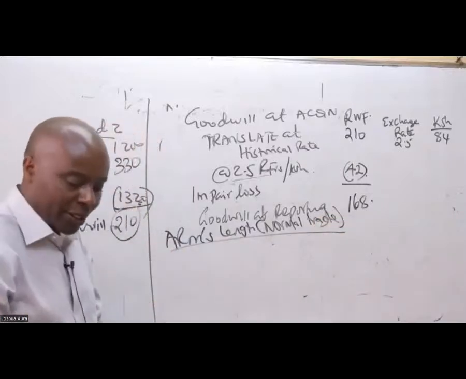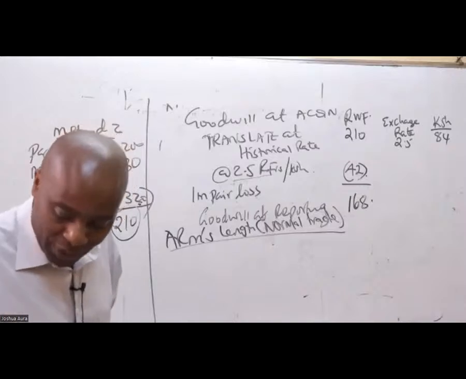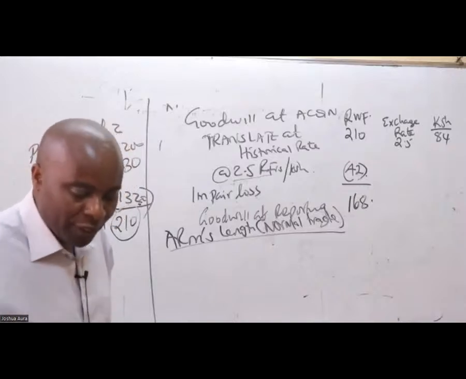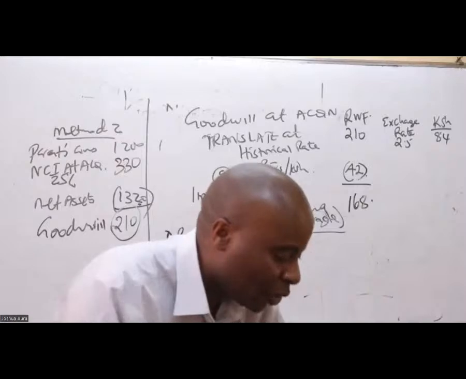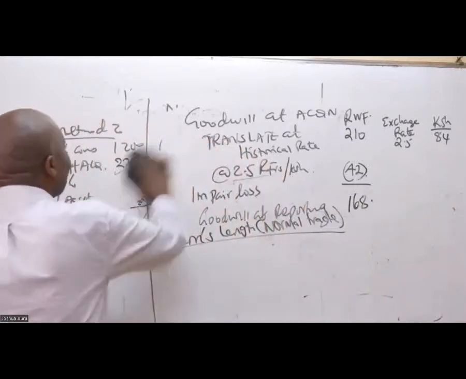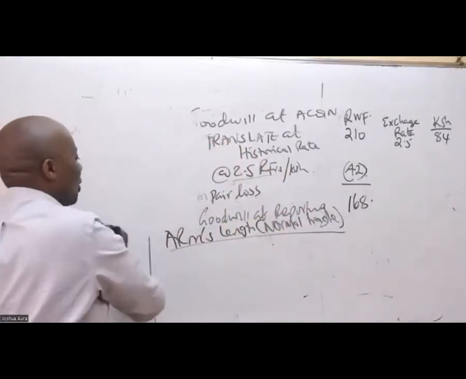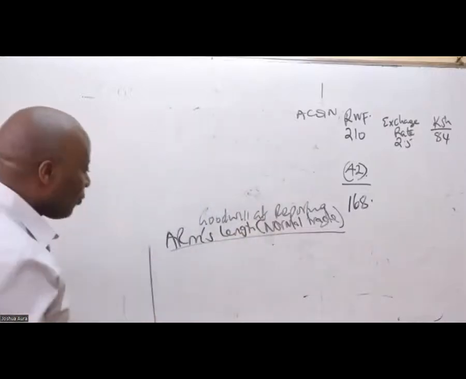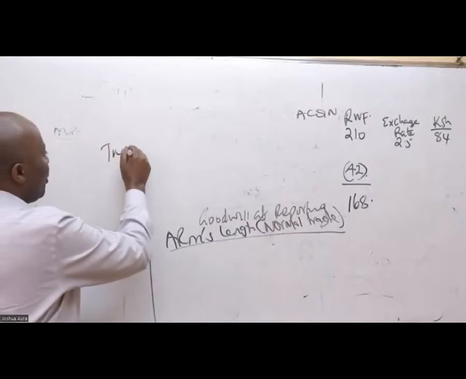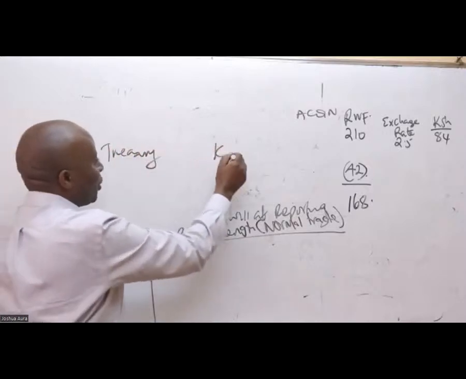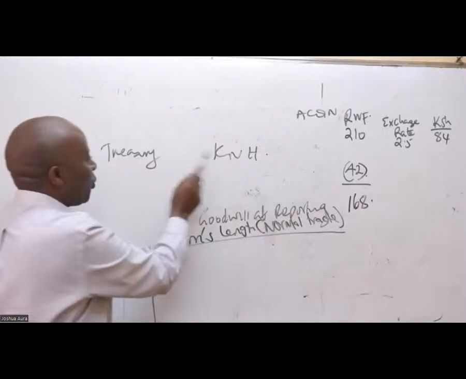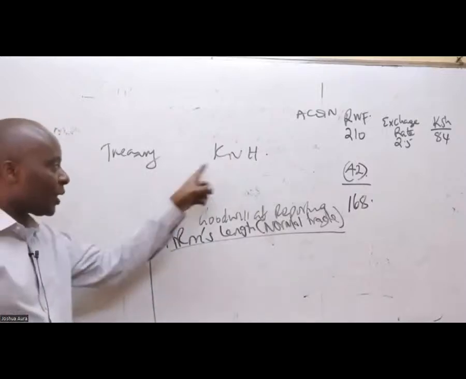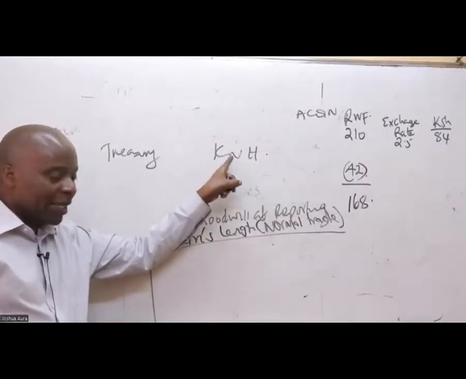Listen, ladies and gentlemen, assuming in government we have this kind of related parties. We have, for example, Treasury, and then we have Kenyatta National Hospital. Of course, we know that the two are related, because KNH must be getting money from Treasury.